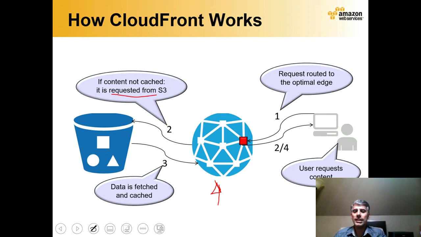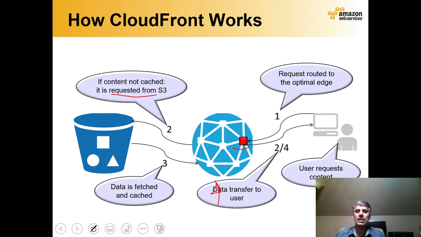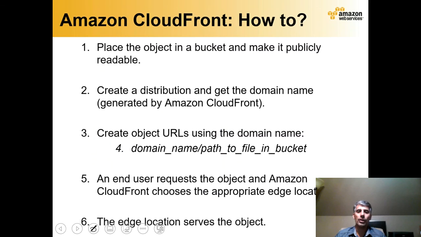Then the data is cached in that particular CDN and maybe in other CDNs, and then the data is transferred to the user. So this is the workflow of actions for CloudFront. Okay, these are the steps on how to configure CloudFront, how to attach it to your S3 service to reduce the access time to it.